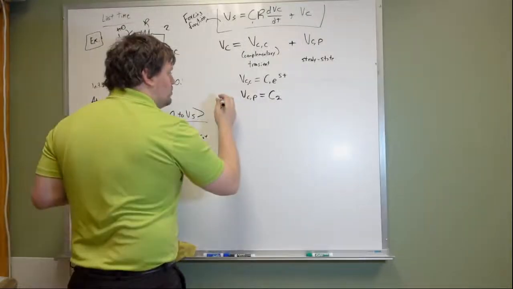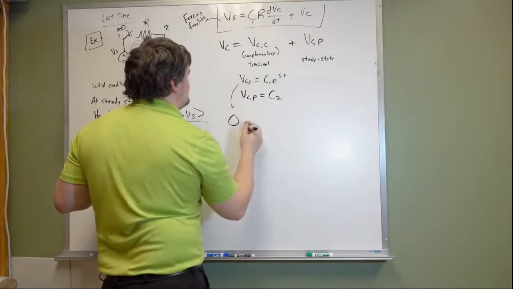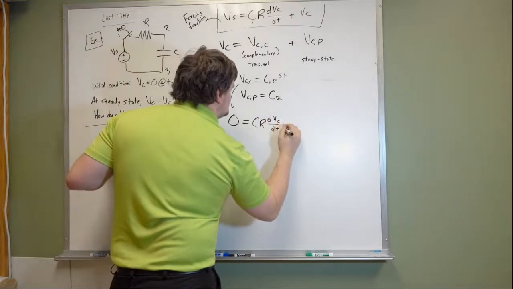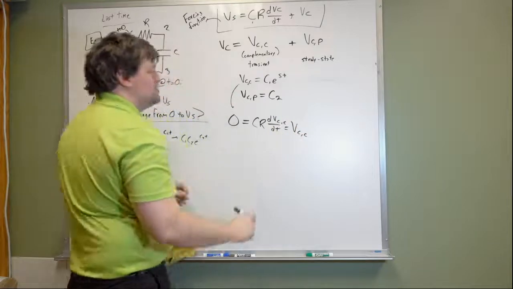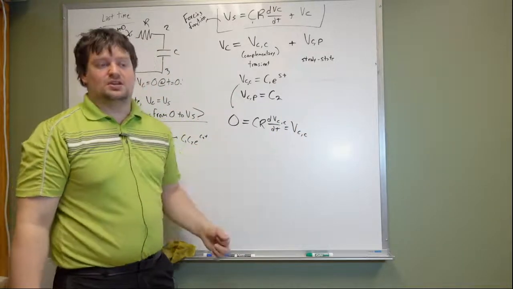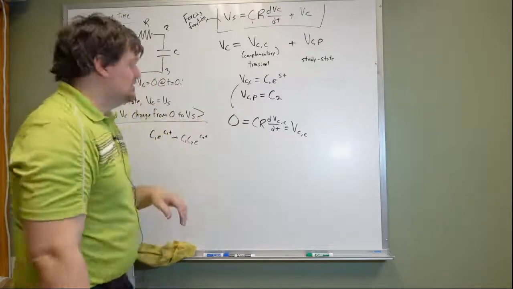Okay, so what we'll do is we'll solve for VCC first. So here, this is where I had the equation that I just wrote out. CR dVC/dt is equal to VC. And here, because we're solving the homogeneous, this will specifically be VCC, okay? You're going to be hearing VCC and VCP a whole lot this class.